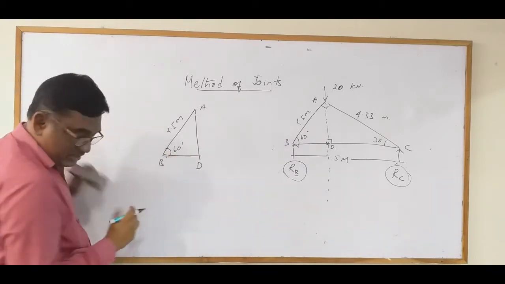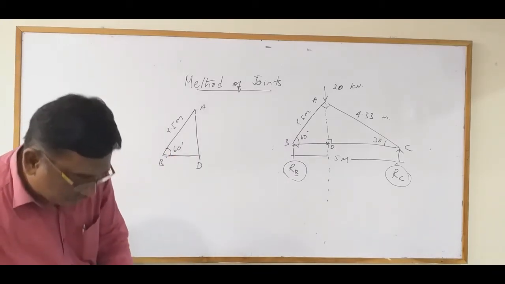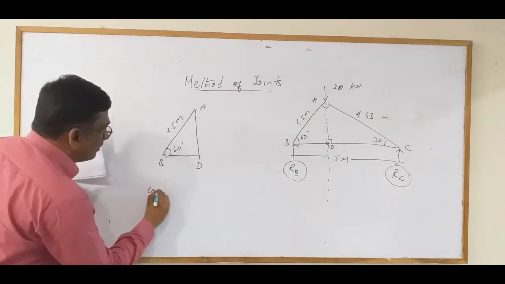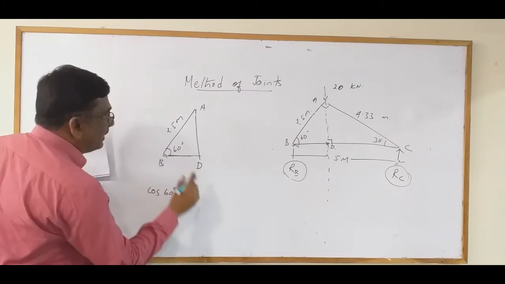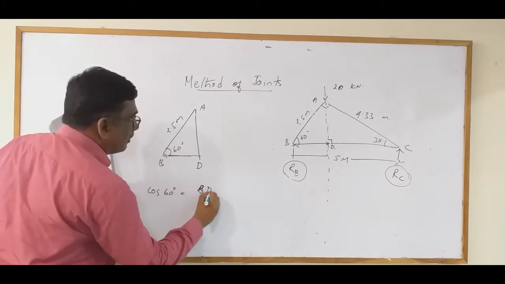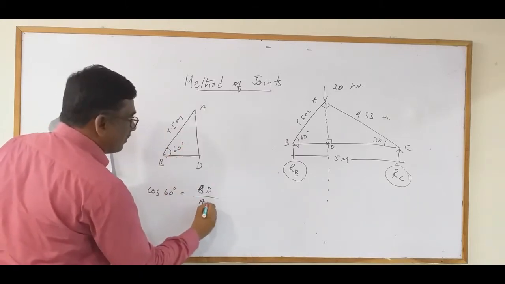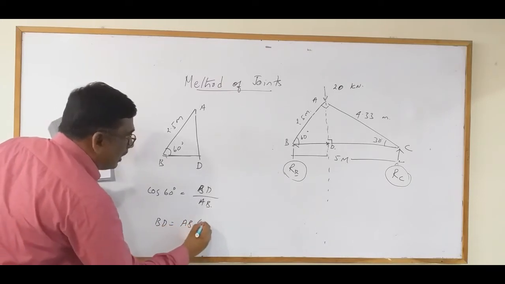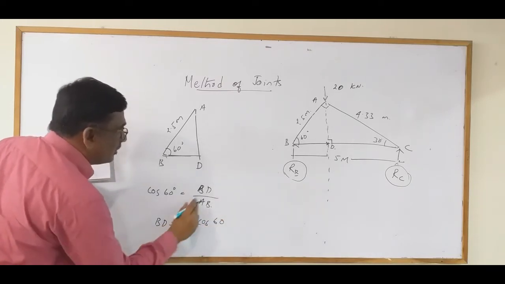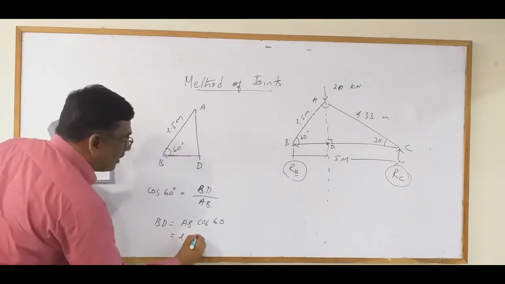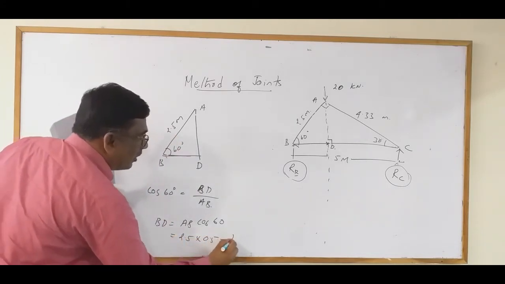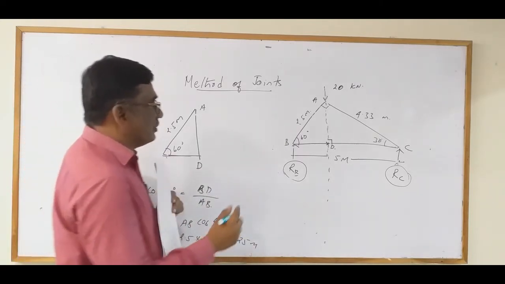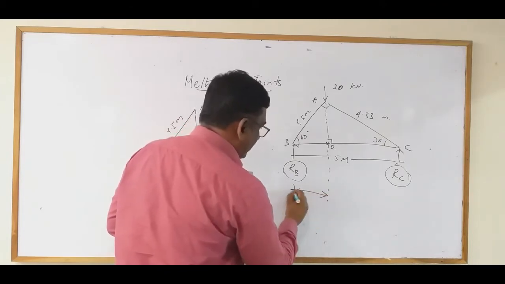Find out cos 60, which is BD by AB. BD alone is AB cos 60. AB is 2.5, cos 60 is 0.5. This is equal to 1.25 meter. So this distance is 1.25 meter.